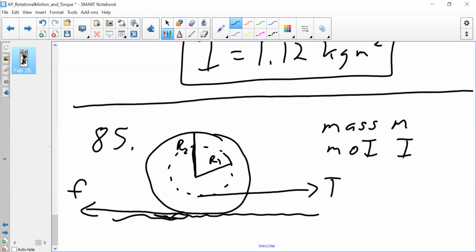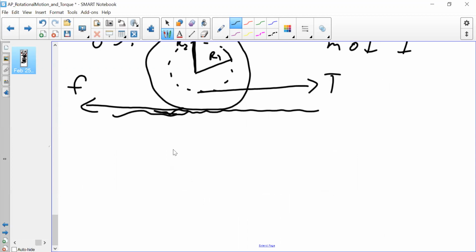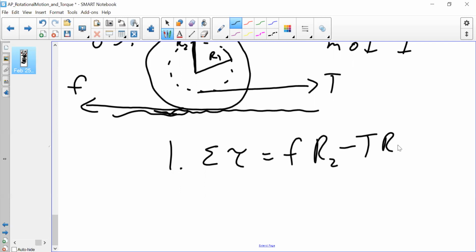We take a look at their respective torques. The first situation, we have our net torque. It's going to be the force of friction times R2 providing a counterclockwise torque, and then the tension is going to provide a clockwise torque, and the net is going to be equal to I alpha. It's a net positive torque in the system.